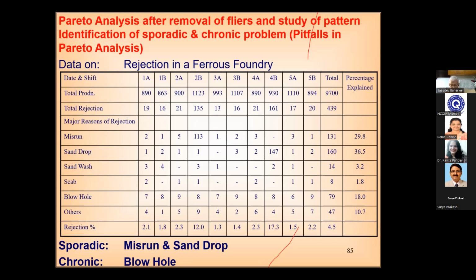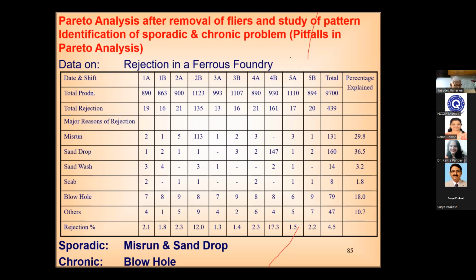Any of you? Any response, doctors and others? Study this pattern of these rejections, then tell me what particular observations you make out of this.